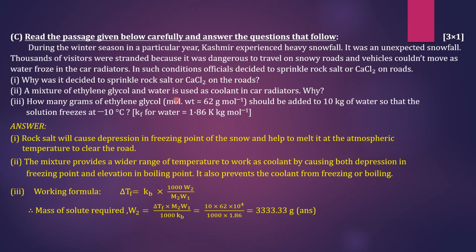A mixture of ethylene glycol and water is used as coolant, because if you add some ethylene glycol in water, that will do two things: depression in freezing point and elevation in boiling point. So the temperature range will become wider in which it can work as a coolant. On the other hand, due to depression in freezing point in cold weather, it will prevent the coolant from freezing. So these are the two main reasons.